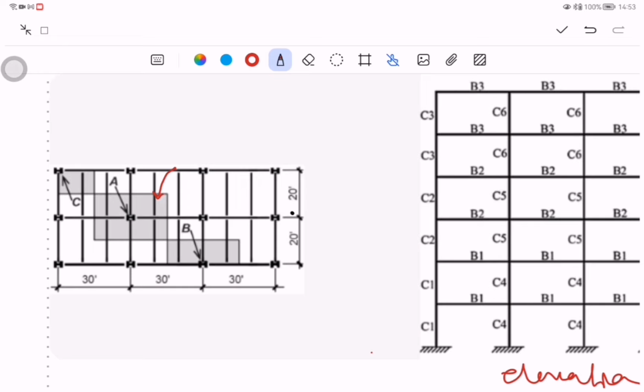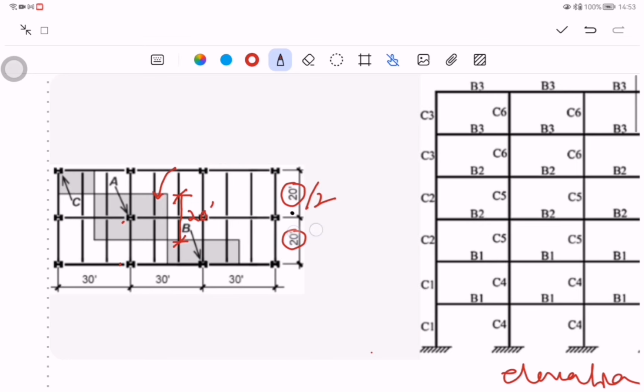First of all, this distance is 20 feet. And how do we establish this 20 feet? It is the half distance to the neighboring vertical column. So the half distance of this and the half distance between this and this.